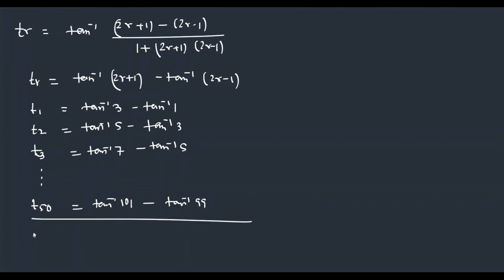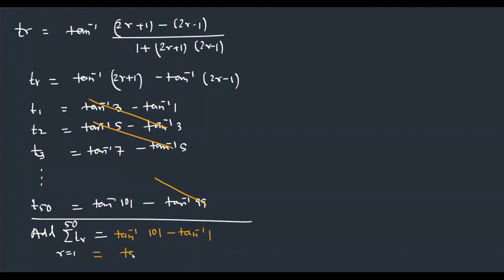So when we add T1, T2, up to r equal to 1 to 50, on the right hand side you notice that these diagonal terms cancel out. So we have tan inverse of 101 minus tan inverse of 1.